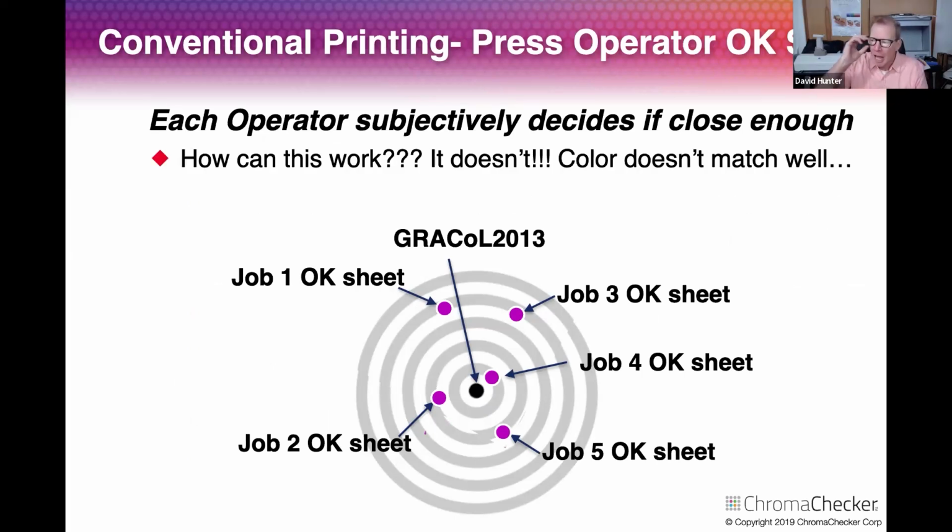If you think about it, the operator gets his press up to color, he gets to look at the press sheet, and he gets to determine when the press in its current state is deemed an okay sheet to be close enough to the proof. It typically doesn't represent GRACoL. It doesn't mean it's going to match from day to day.